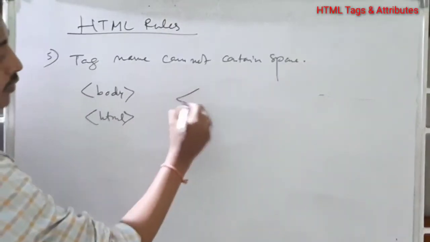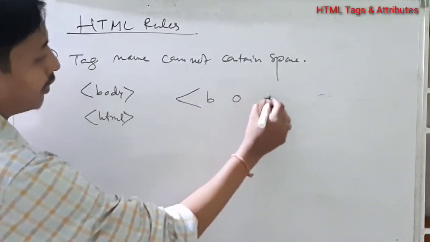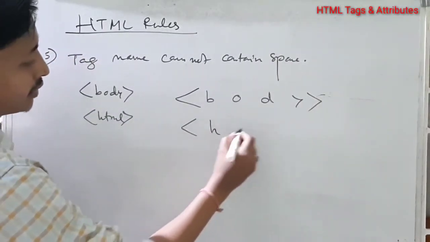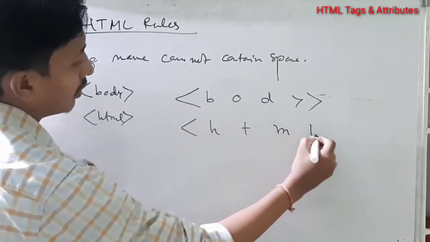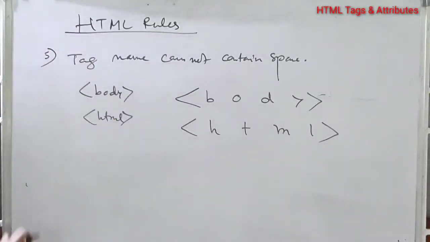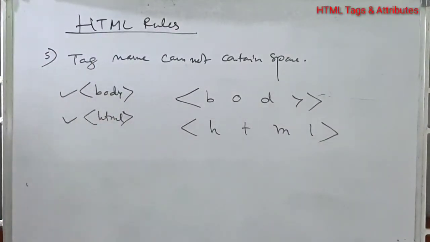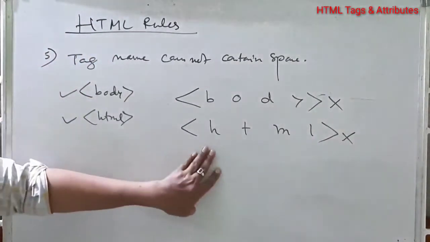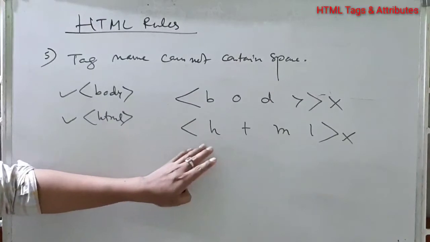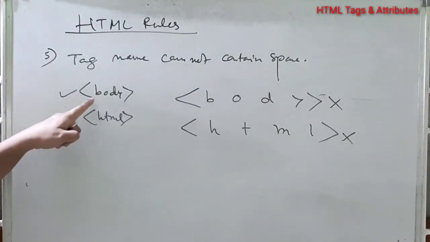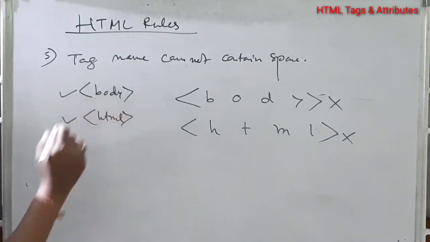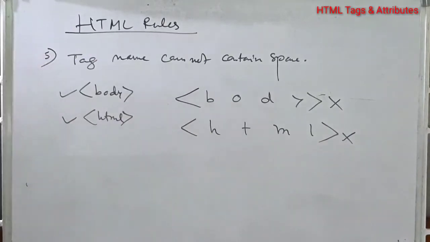For example, you will not write BODY with a space. No. You cannot write HTML in this way. You have to write it without space. This is not the proper or legal way. The legal way is to write it with no space in the tag names. So this is the fifth rule of HTML.